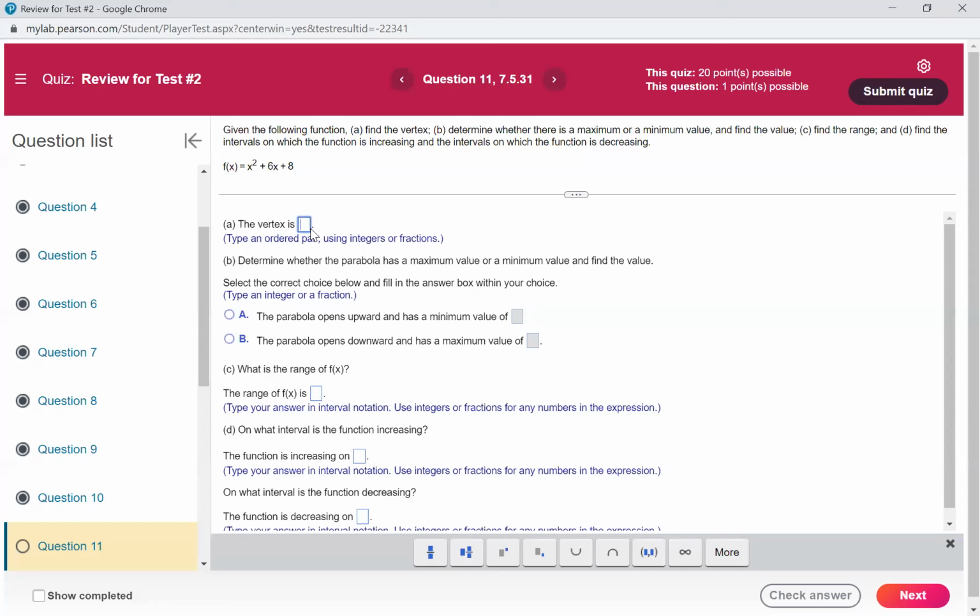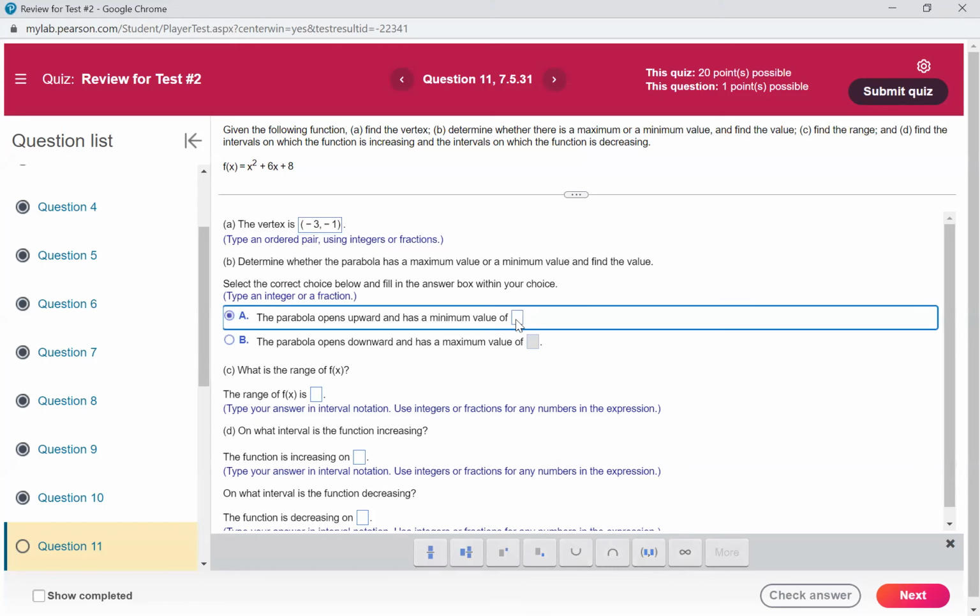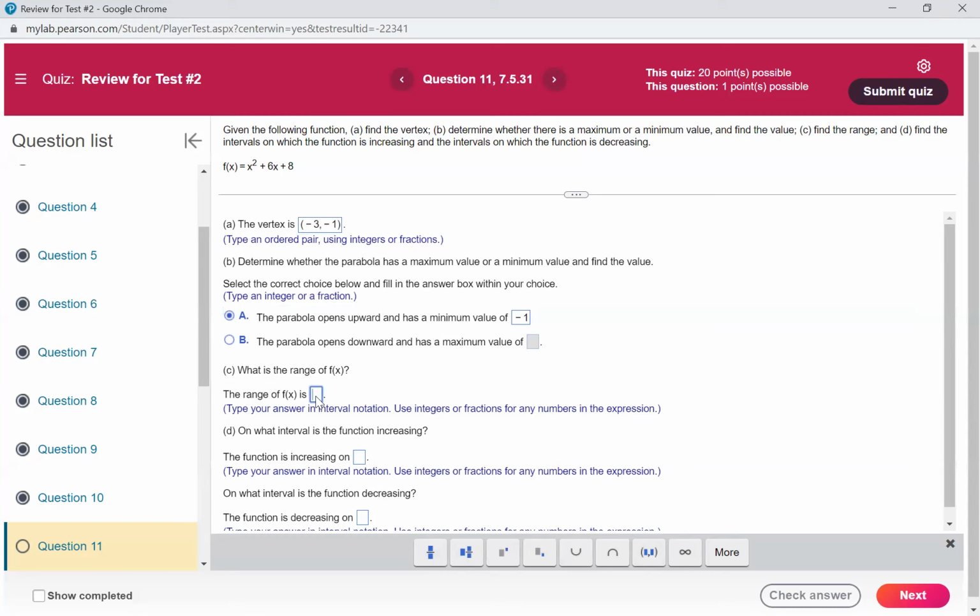It starts with the vertex, and the vertex we said was negative 3, comma, negative 1. Then we said ours had a minimum. Since the x squared was positive, we had a minimum, and the minimum value was the y value of negative 1. Then it wants to know the range.